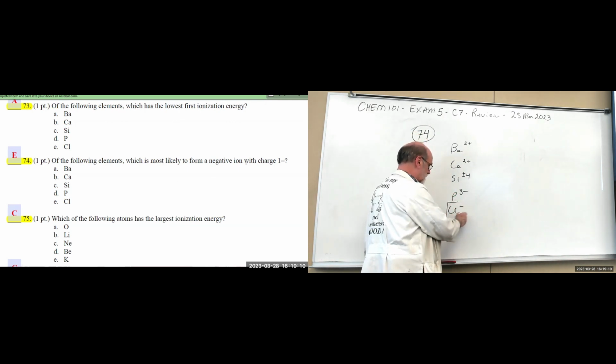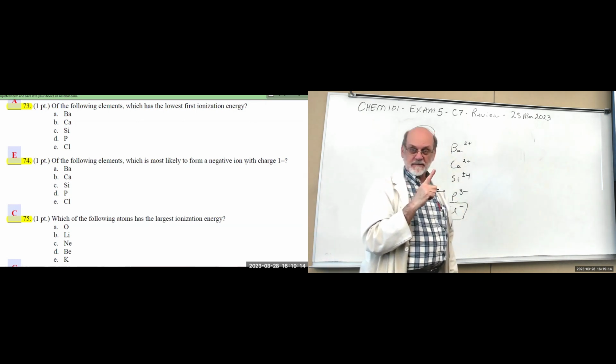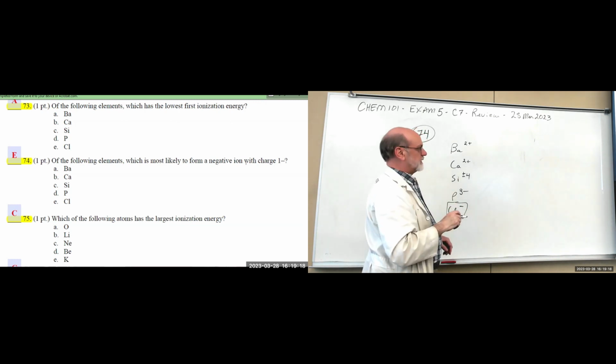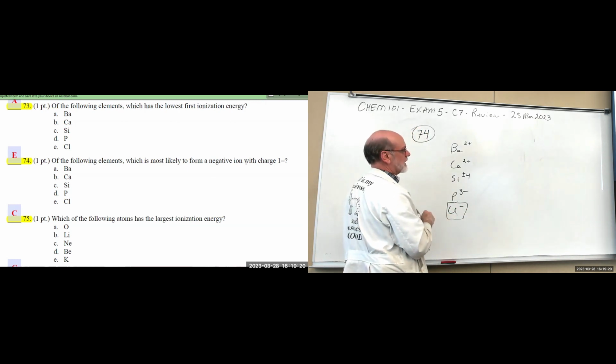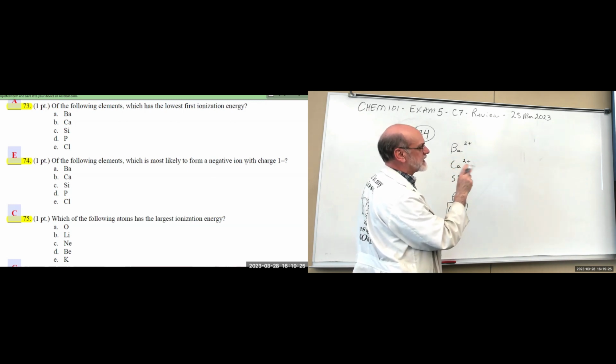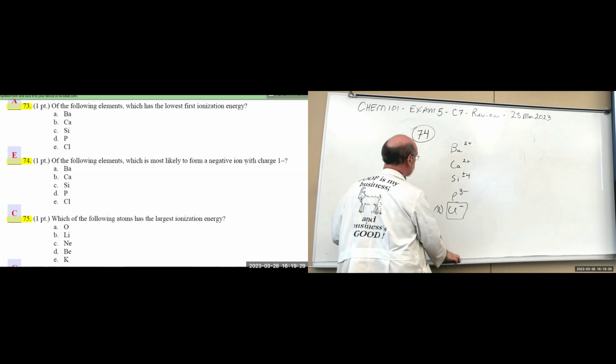So this one needs to gain 1 electron to give it that negative charge. And all the halogens are this way. So the answer here is E. Yes, E. That's your answer.